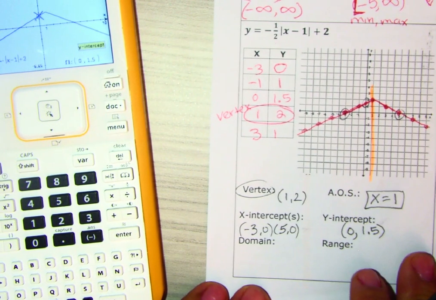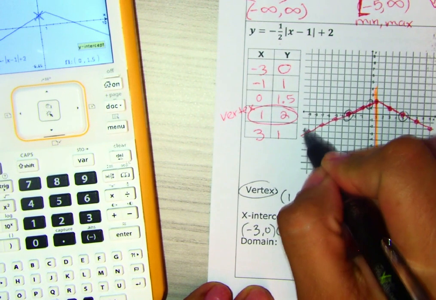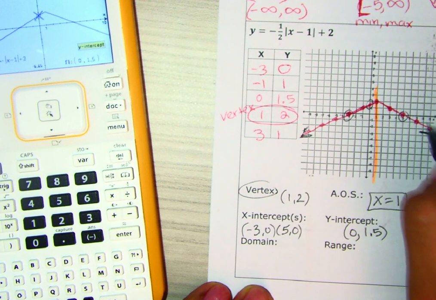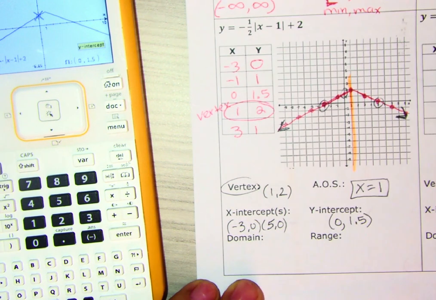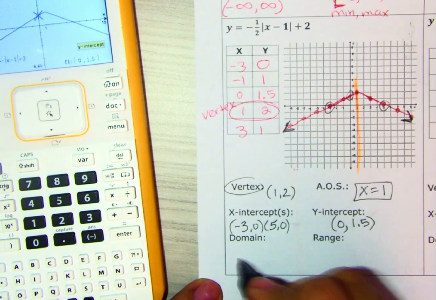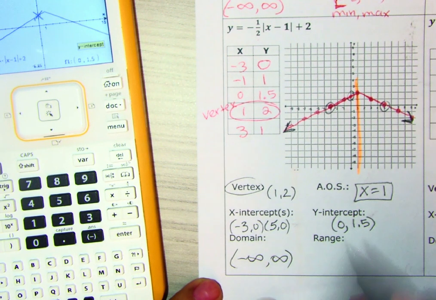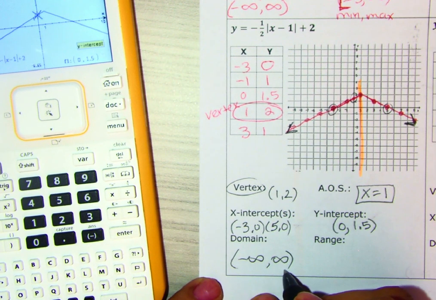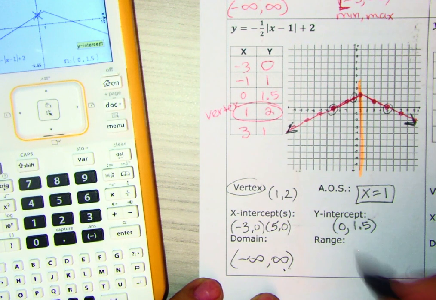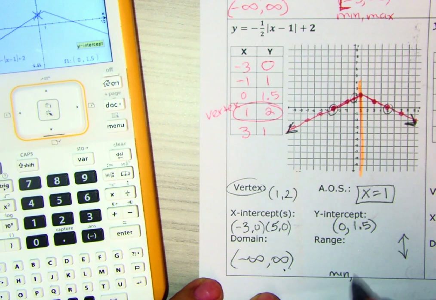All right, for domain and range, once again, these do have arrows at the end because they're going to keep going, which means the domain is -infinity to +infinity, with parentheses on the sides. For the range, we're looking at it up and down, starting with the minimum.